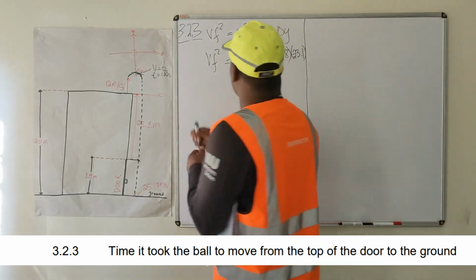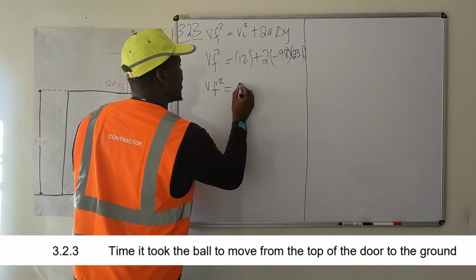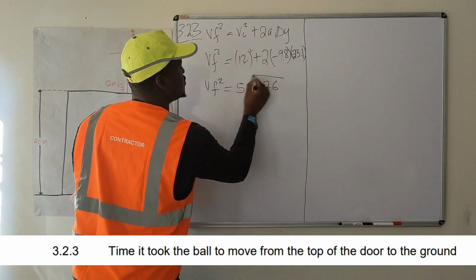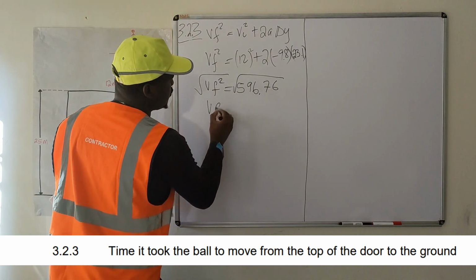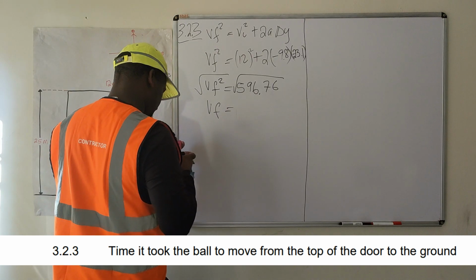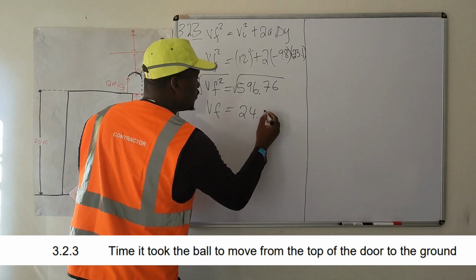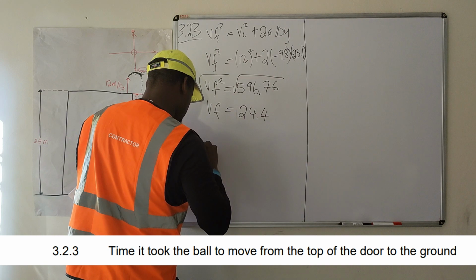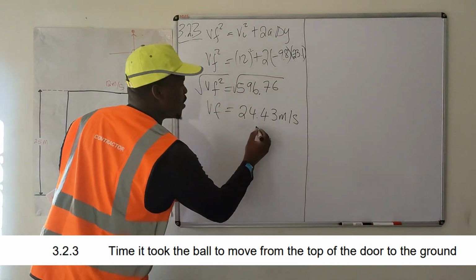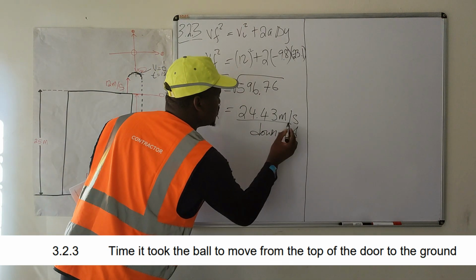The answer is Vf squared equal to 596.76, right? Then you take the square root of that. So your final velocity is 24.43 meters per second, downwards. Because it's going down, it's a velocity: it has magnitude and direction.